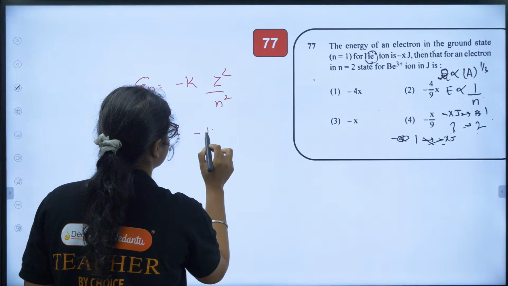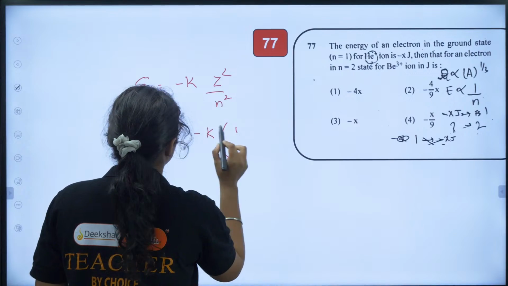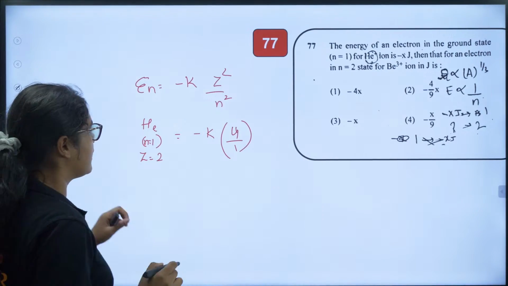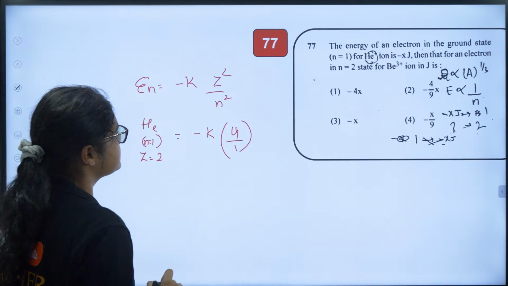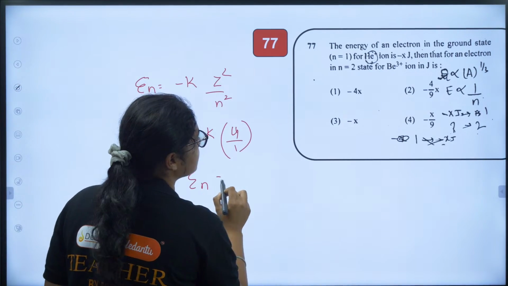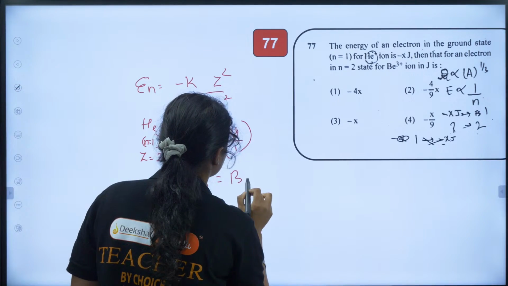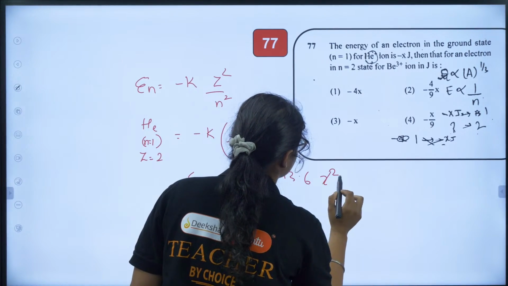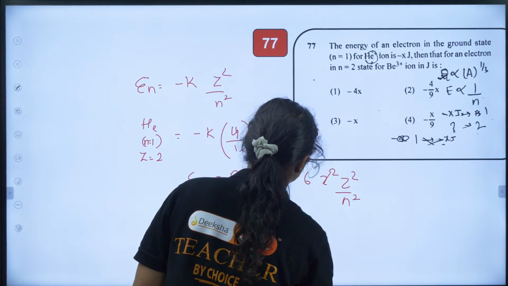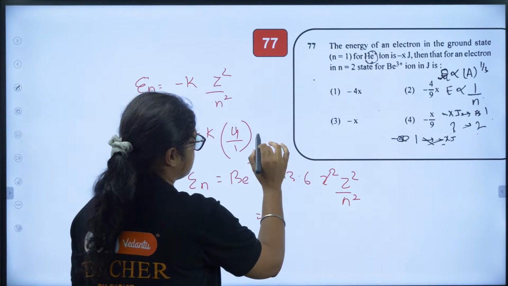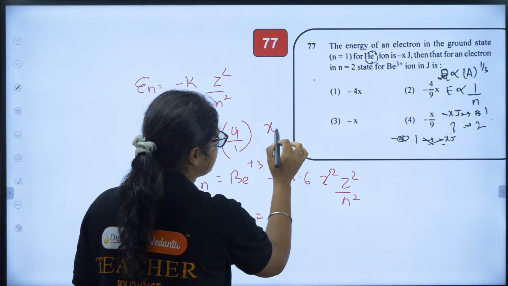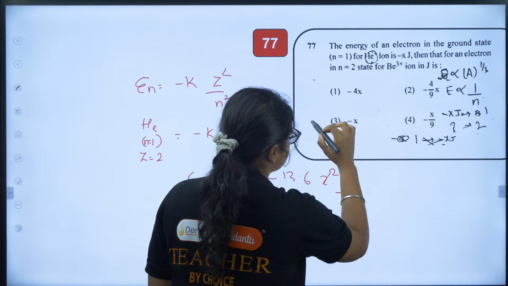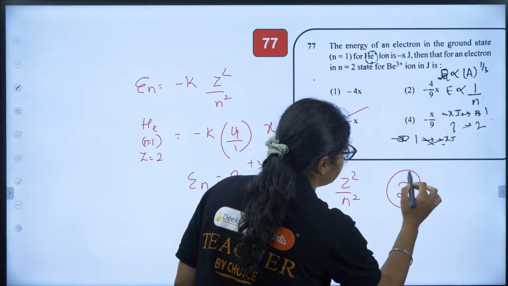So I'll get minus 13.6, n value 1, Z square will be 4. So now if you solve this one, you can also solve for the other one, like for beryllium also. So minus 13.6 Z square by n square. So you can substitute the values here. This value will be given to you as x already. So now if you solve it, we'll get minus x value. So the correct answer for this question will be option number 3.